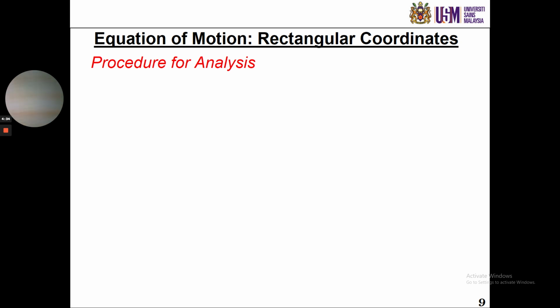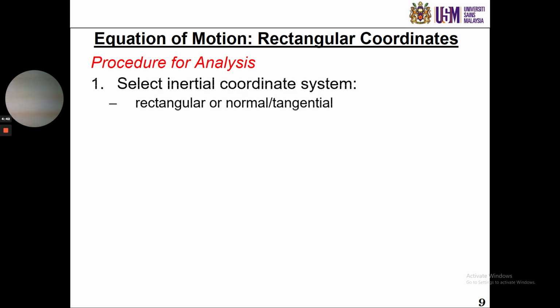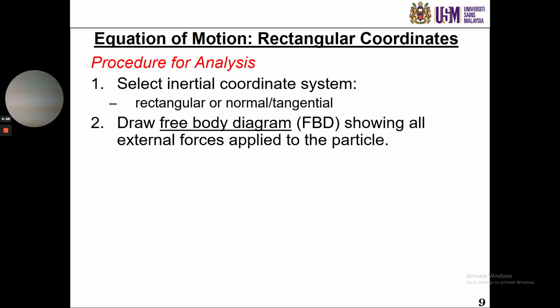For the equation of motion in rectangular coordinates, the procedure to tackle the problems is as shown here. First, you have to select the inertial coordinate system, in this case either rectangular coordinates or normal and tangential. Rectangular coordinates are x, y, and z, and normal tangential is normal or tangential. Secondly, you have to draw the free body diagram.